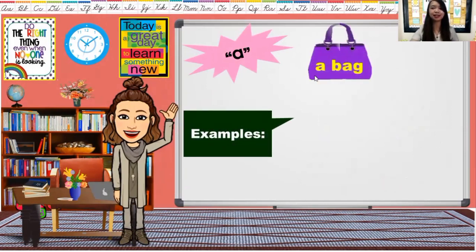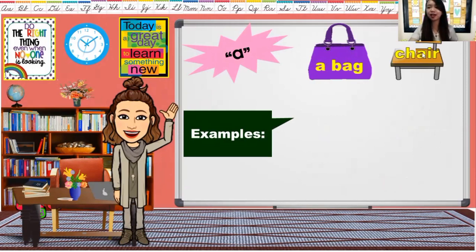Okay, first example is a bag. Okay? You have noticed that the noun here is bag and it starts with consonant letter which is B. And that's why we use article a.